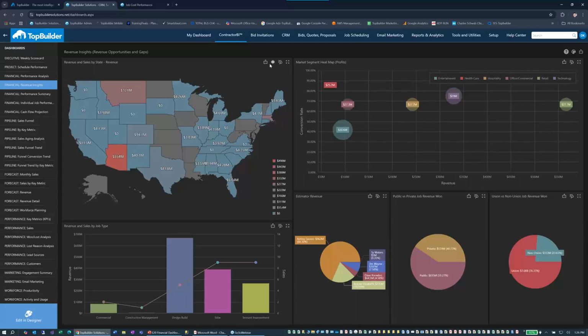Okay, now I'm going to go down here to the lower left, and what I'm doing is I'm looking at revenue and sales by job type. You can quickly see the bars are the revenue and the line is the sales. You can quickly see that the commercial side of the business is not getting a lot of business. And so that may be an area of focus for your business development team, your marketing team.